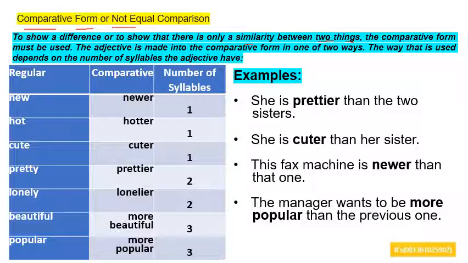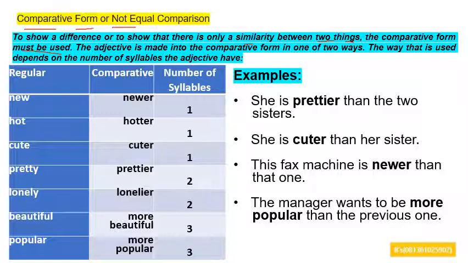The comparative form must be used to compare two objects, to find one similarity, but there is also a difference inside.